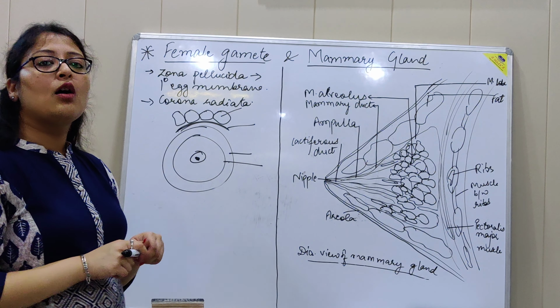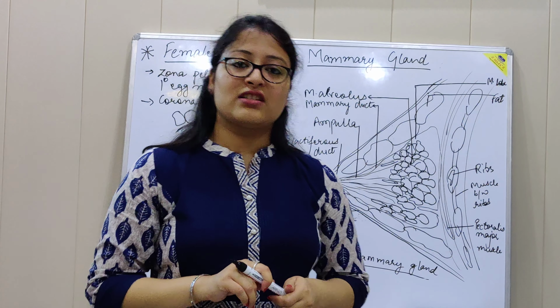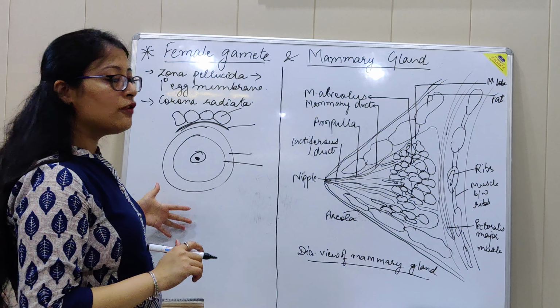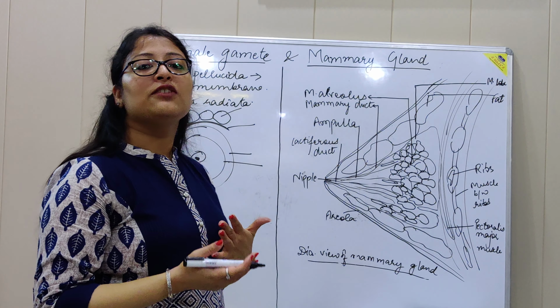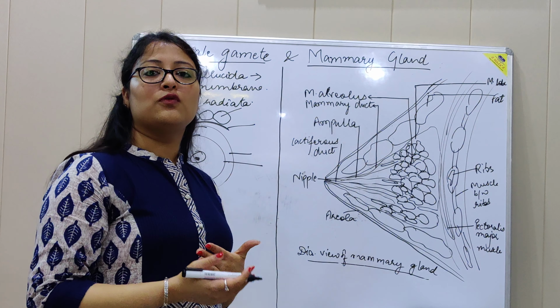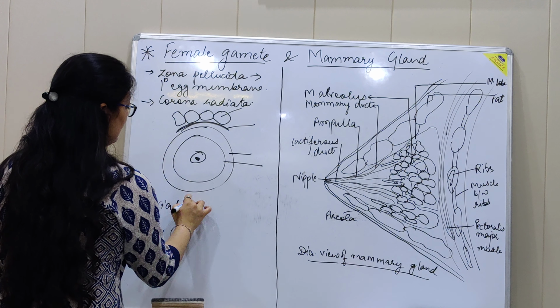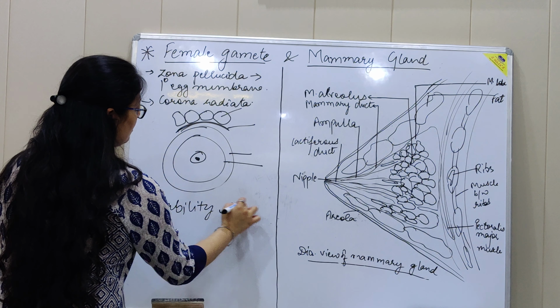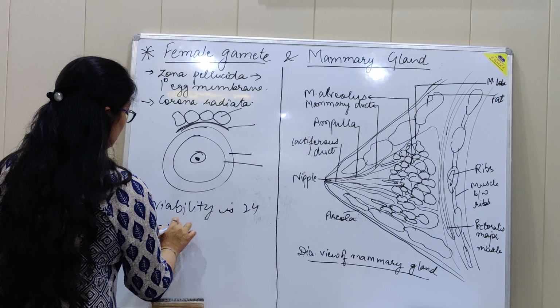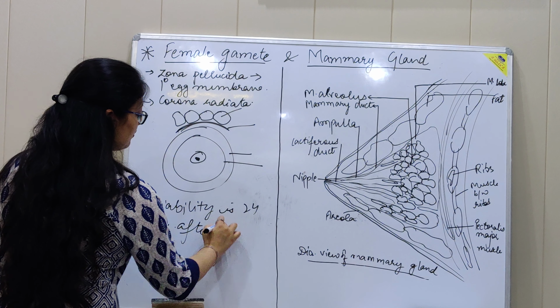And obviously opposite to animal pole is vegetal pole, and viability of human female egg is 24 hours after ovulation.